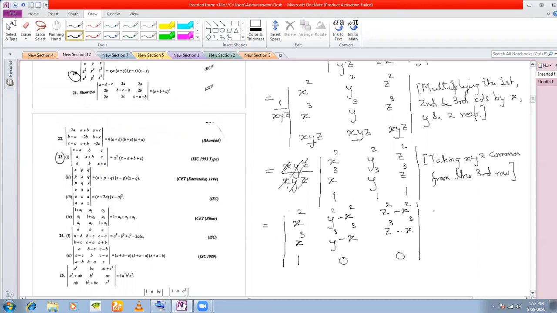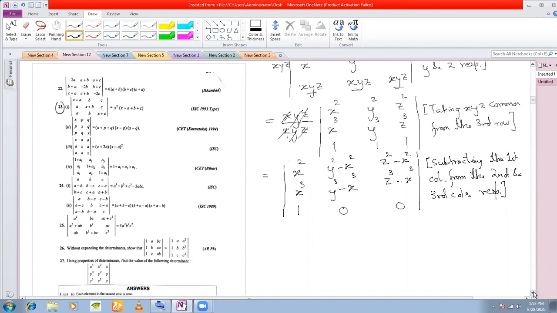Okay, so subtracting the first column from the second and third columns respectively.